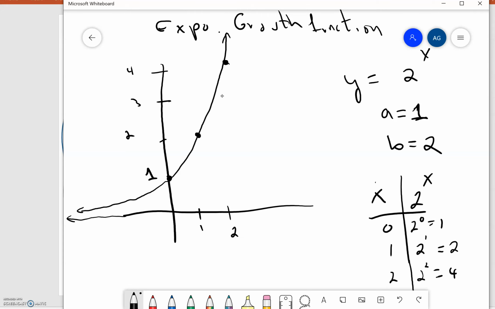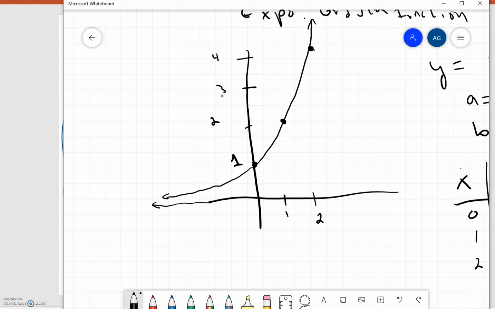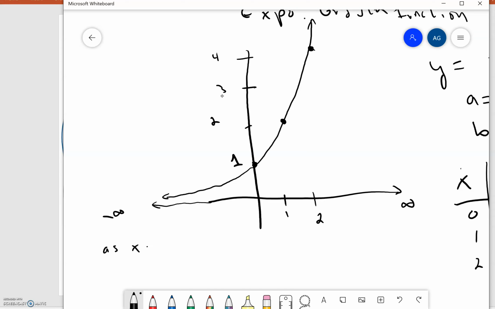So just some general behavior here. This is negative infinity and this is positive infinity. So as x goes to positive infinity, f of x also goes to positive infinity. As x goes to negative infinity, in other words, as we move to the left, what is f of x doing?